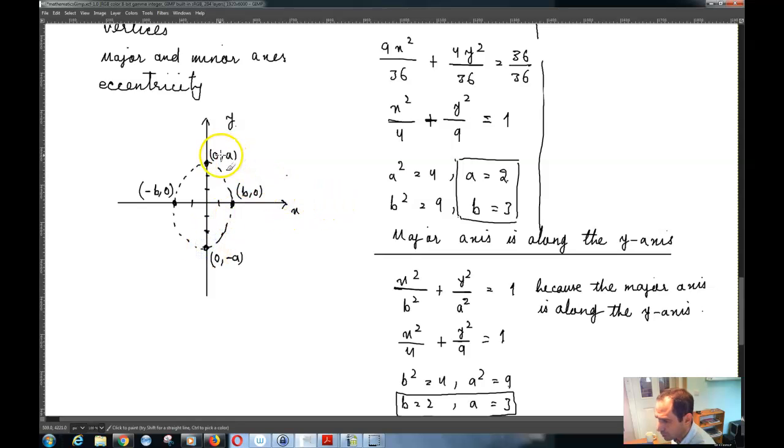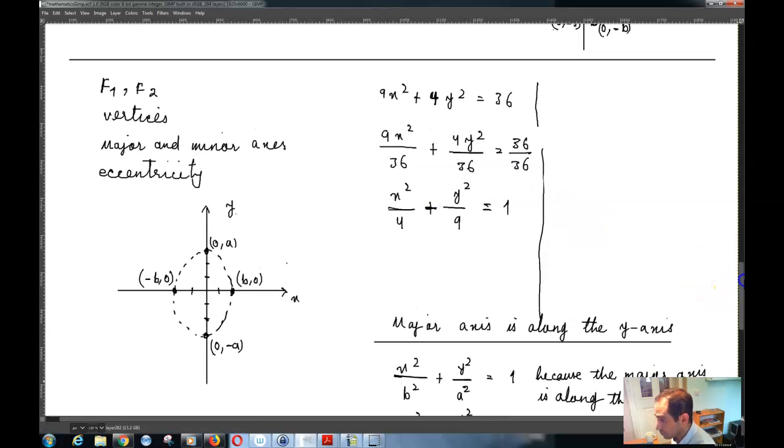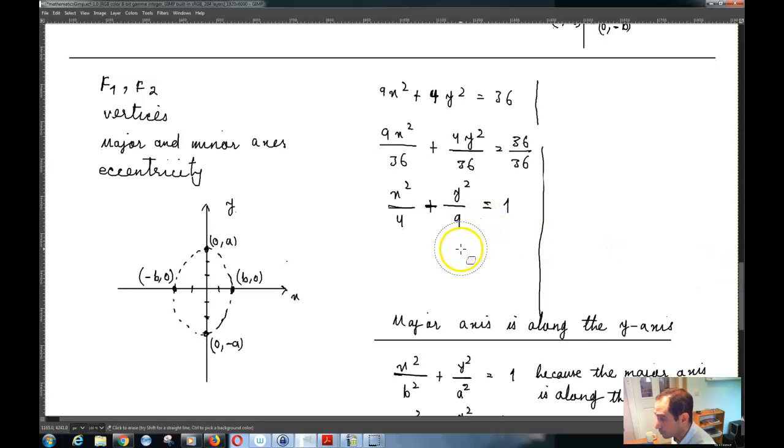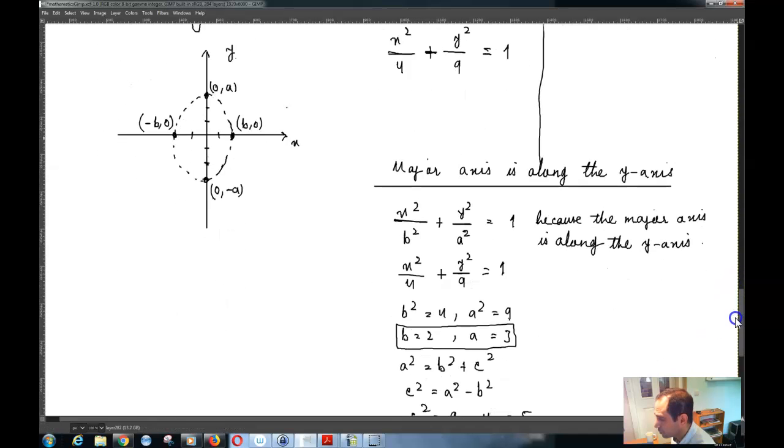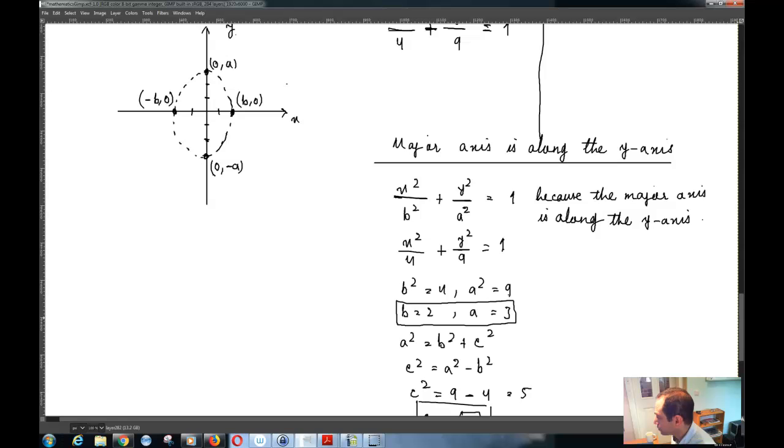So 0 comma a is basically 0 comma 3, 0 comma negative 3, and b over here is 2, so that's 2 comma 0, negative 2 comma 0.